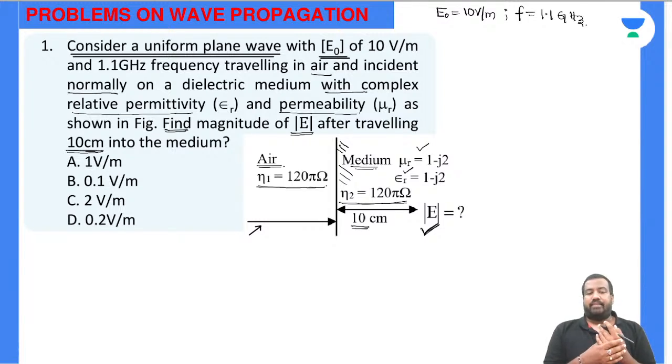But given that it is a medium and still it is 120 pi. Why is it 120 pi? Think on this, dear.